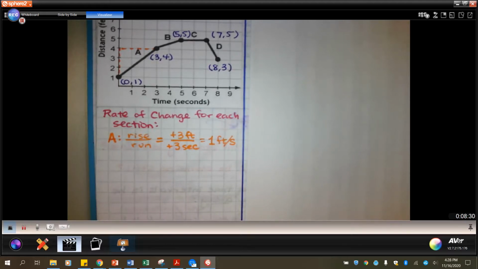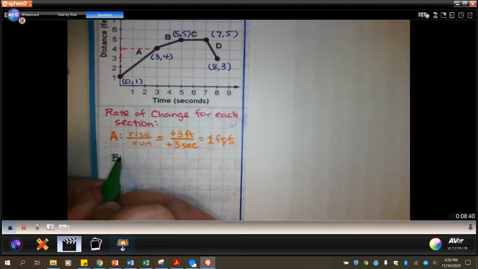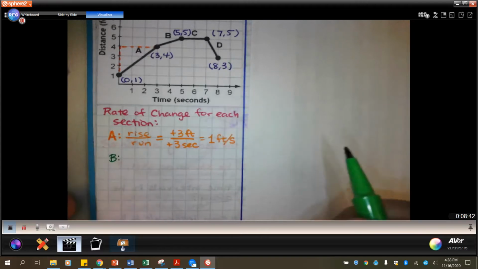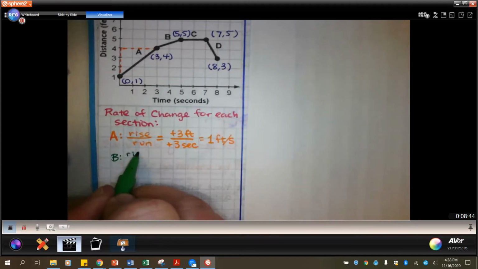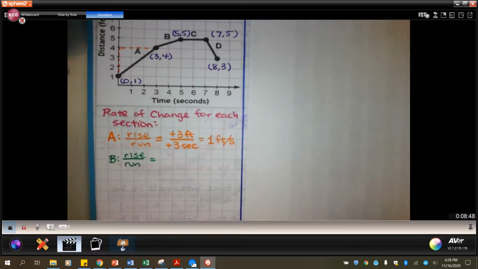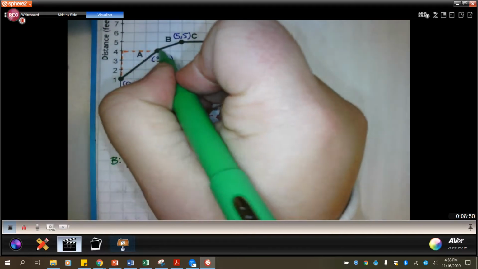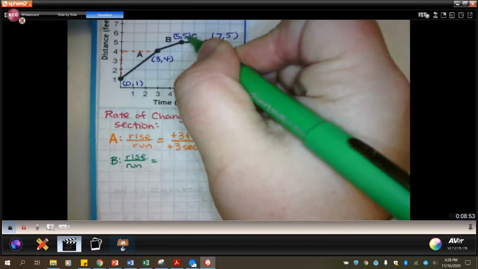Now let's do B. Sorry, I'm just picking out the color. Section B. So for section B, again, we're going to do rise over run. You're going to get so sick of it, and then we'll do it in the next chapter, and you'll get sick of it. Okay, so this time, again, we're starting at 3, 4, and we're going to 5, 5.